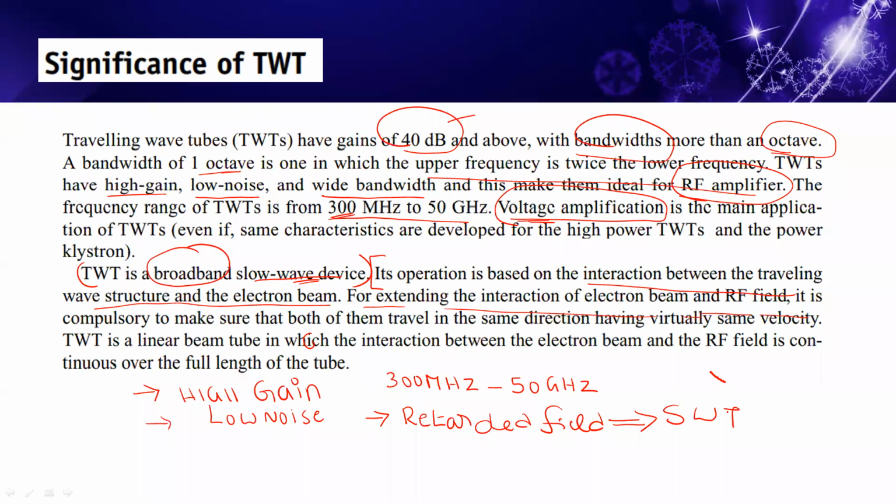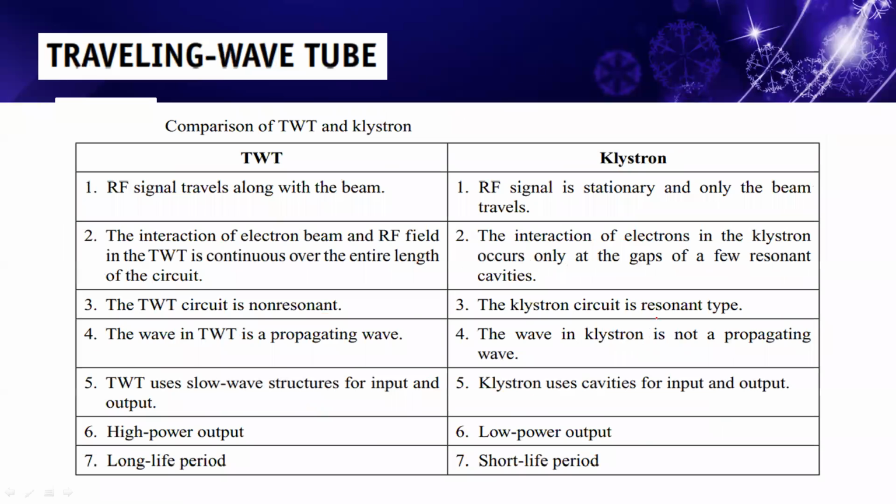Another important difference with respect to klystron structures, where the electron beam travels while the RF field remains stationary, is what I mentioned in the previous slide. Here we have cavity structures, so the interaction of electrons in klystrons occurs only at certain gaps, whereas in the traveling wave tube it occurs along the entire length. That is the particular structure.